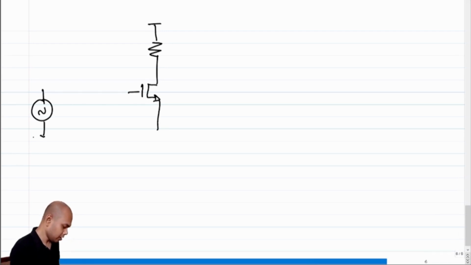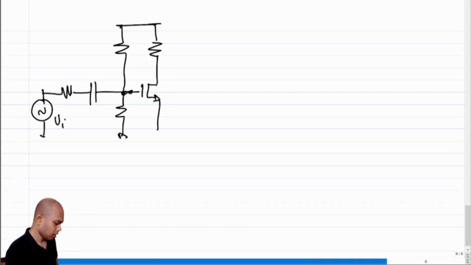So let's say this is our circuit, right? Okay. So what is the impact of that CGS capacitance? Where will that CGS capacitance come? That CGS capacitance will come here, right? So this will be the CGS.